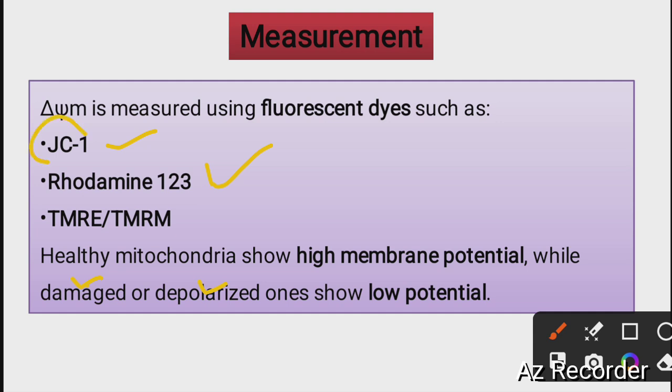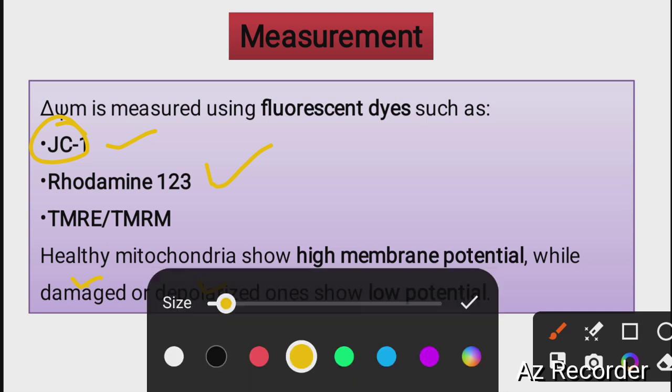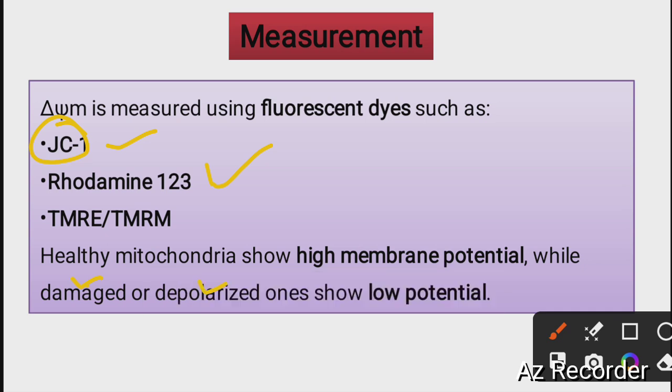In the case of JC-1, in healthy mitochondria with a high membrane potential, the JC-1 molecule forms red fluorescent aggregates, which we call J aggregates.